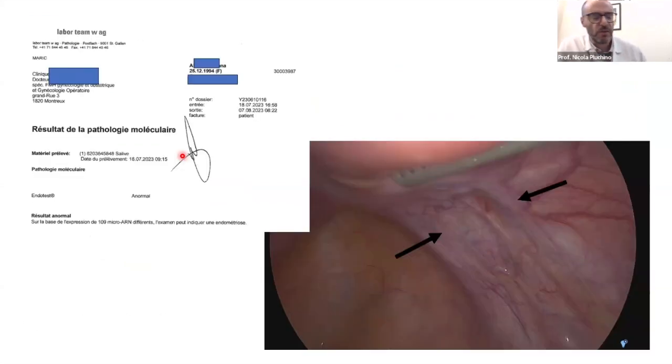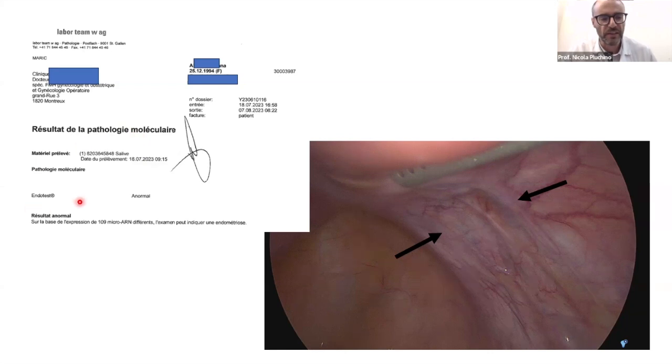Just to give you an example of how powerful this test is, we had the chance in Switzerland to use that test since 2023, and it has already been commercialized in a different European country. On the left side of the screen you see the results of the test, in French of course.